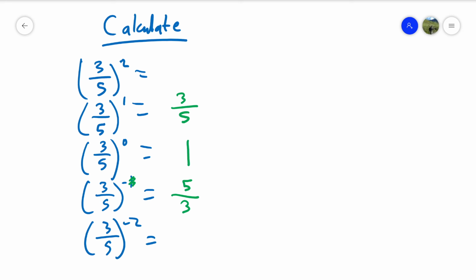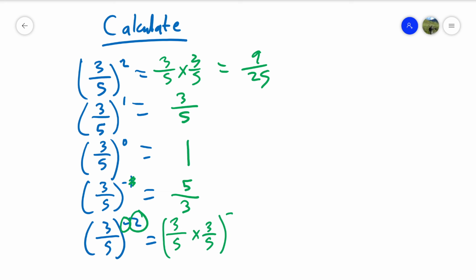Now, if you square something, you just multiply it by itself. So that's 9/25. And this one here, the 2 means multiply it by itself, and then the minus means flip. So we've got 3/5 times 3/5. We haven't done the minus yet, so I'm going to put brackets and leave a minus.